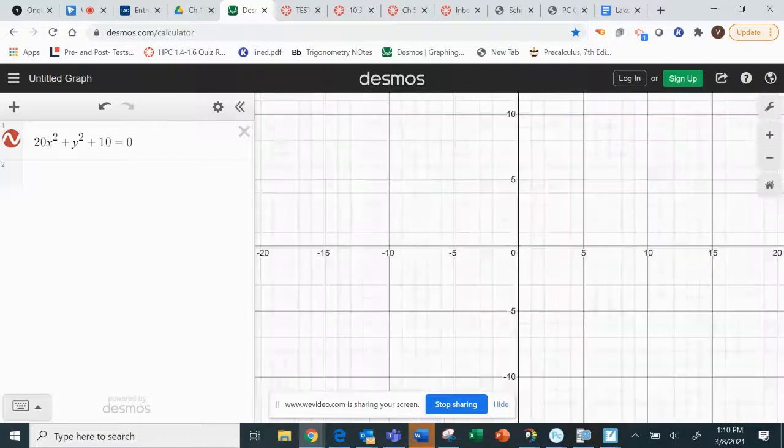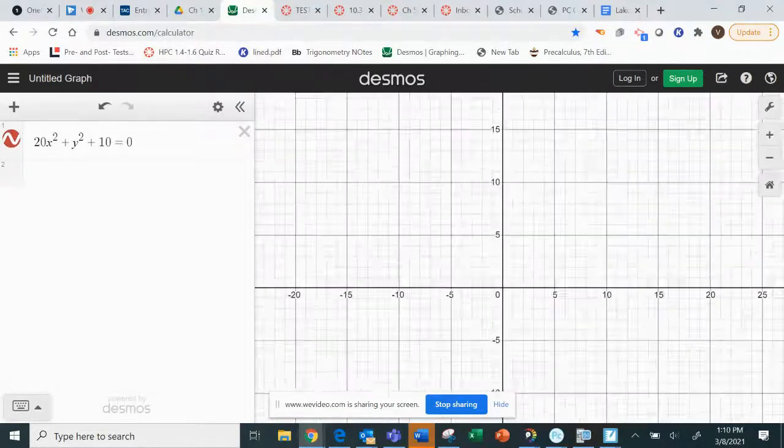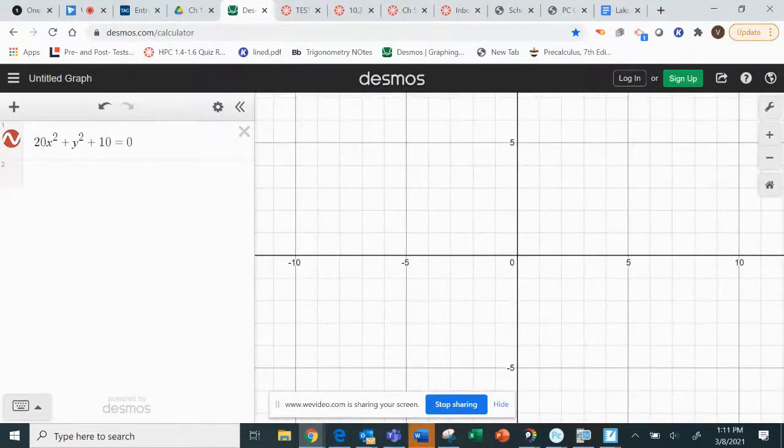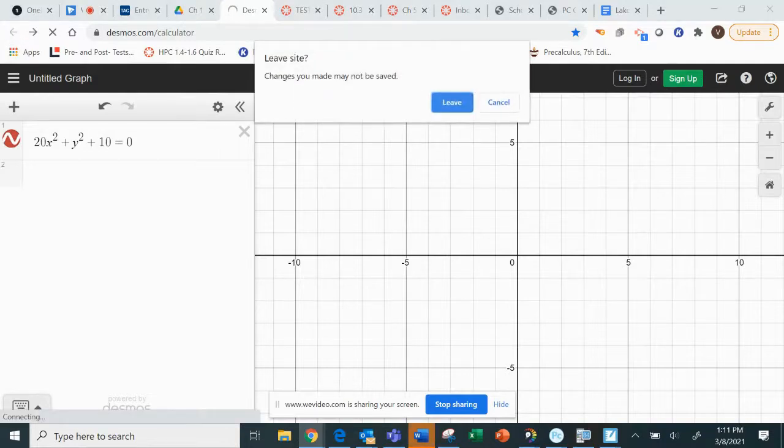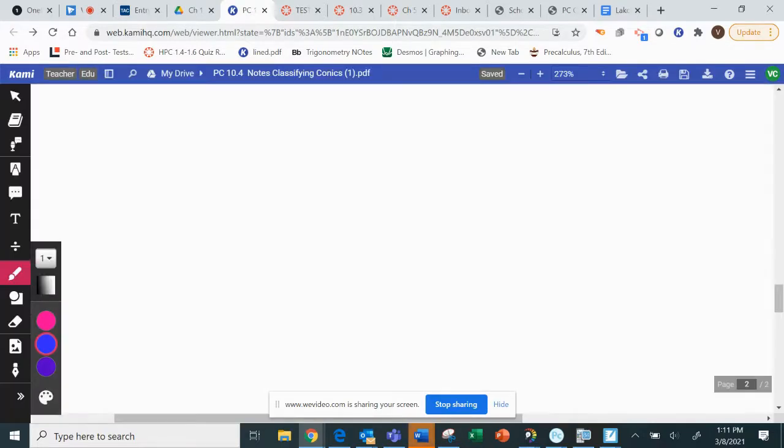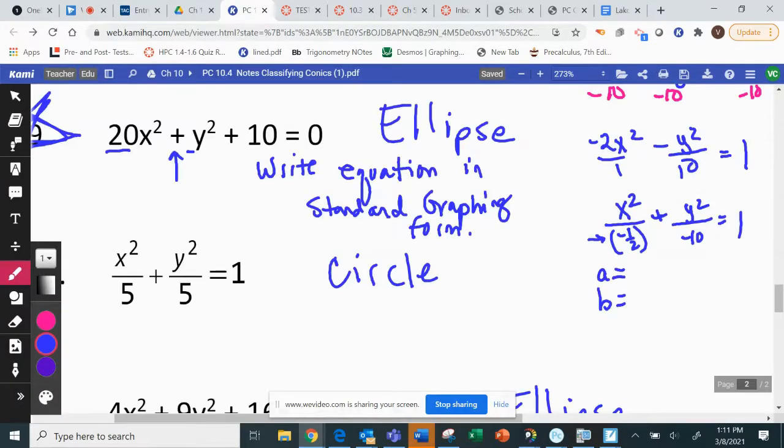So when I graph it, you won't even see anything there because it doesn't make anything. Good, it went back. Hopefully it saved where I was. Yeah. So we were able to put it into that form, but it's not actually an ellipse.